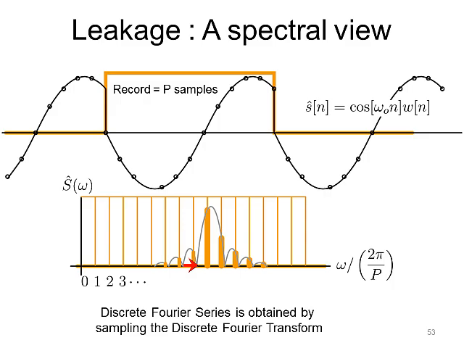If omega naught lies on a bin, then one would be sampling the peak and the nulls of the sinc function, thereby resulting in an FFT with only one non-zero bin. If the input lies off of a bin, as you can see in this picture, when you sample the Fourier transform, you get the Eiffel Tower.